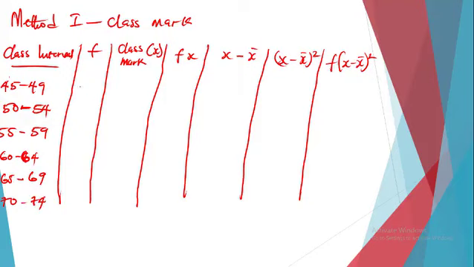Under our frequency, we have the first one to be 6, the second one 9, then 10, 12, 7, and 6.